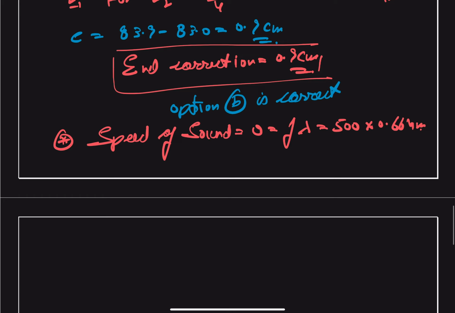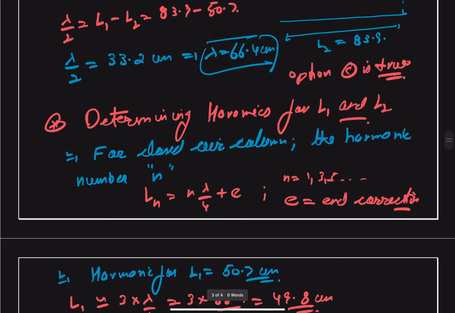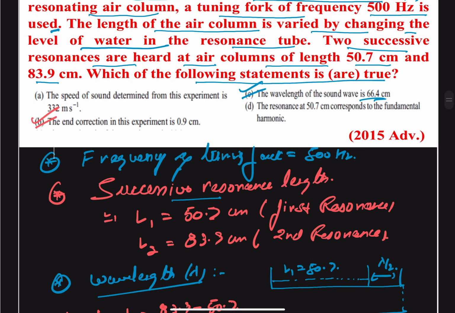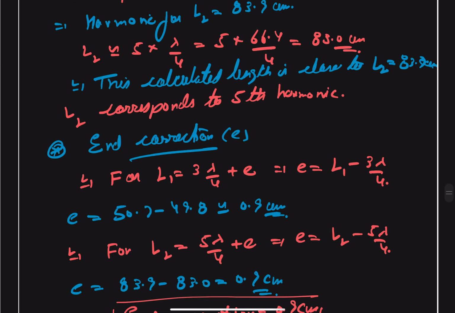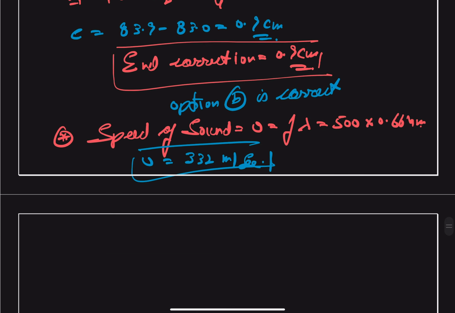This gives us that the velocity of sound will be close to 332 meters per second. So option A is also correct.